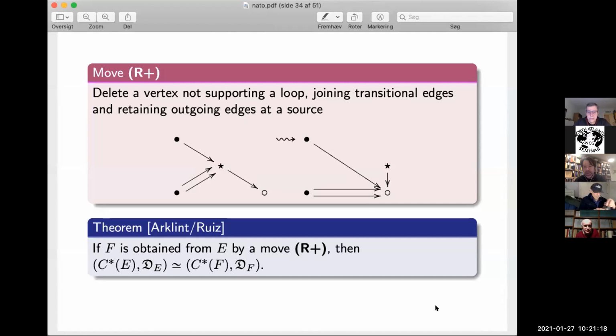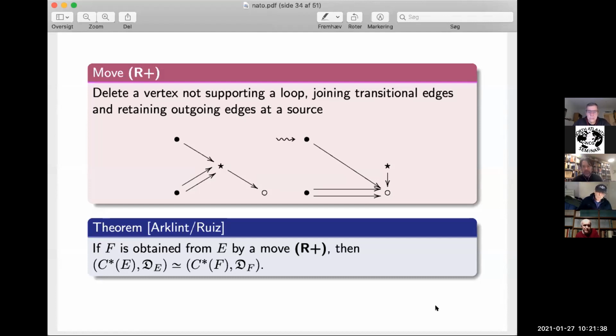That's not always the case. We'll come to some ways of changing the graph that will not change the C-star algebra, but they're going to be isomorphic for abstract reasons rather than concrete reasons. But the two that I'm showing you here are extremely concrete.